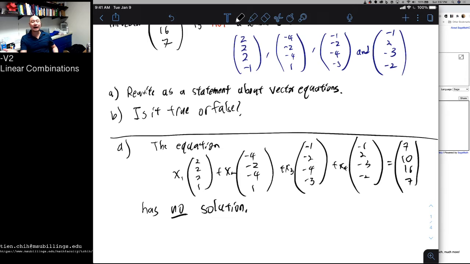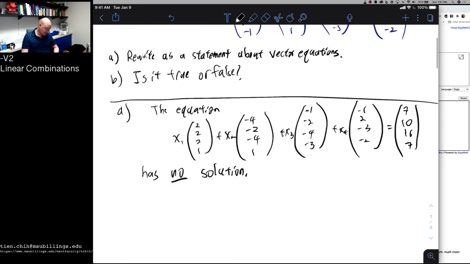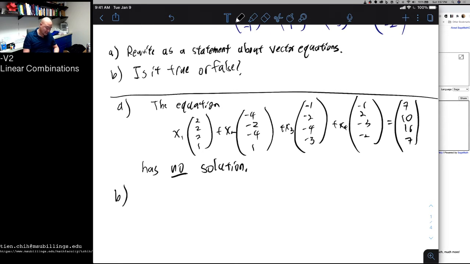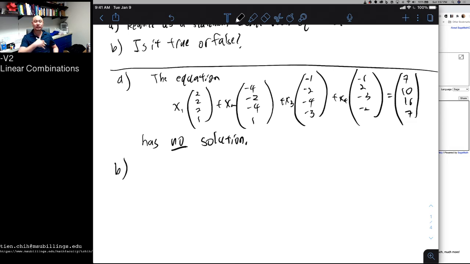Now, to verify whether or not this is a true statement, what we want to do is take this vector equation and see if it has any solutions, right? To which end we, as usual, convert it into its augmented matrix form.